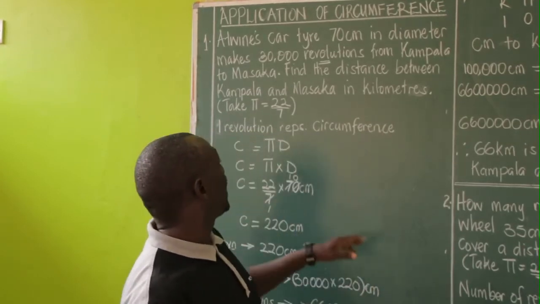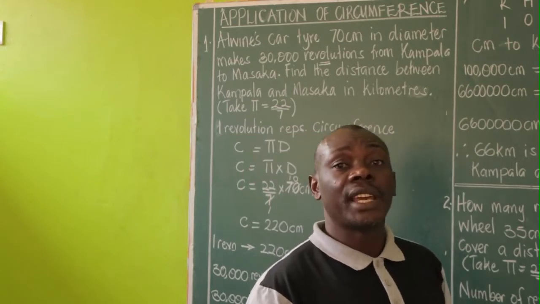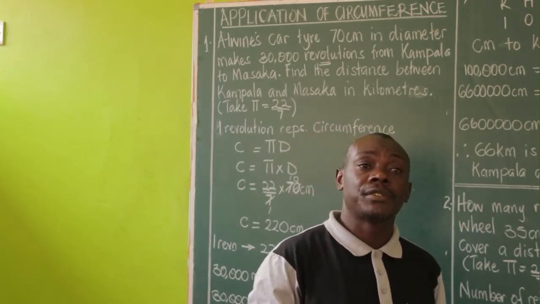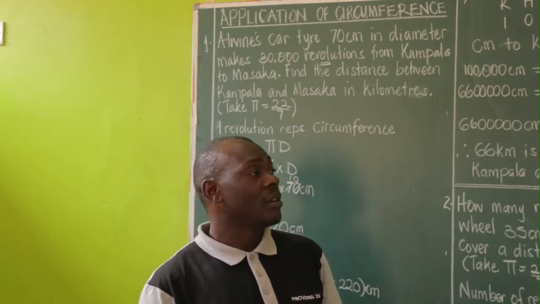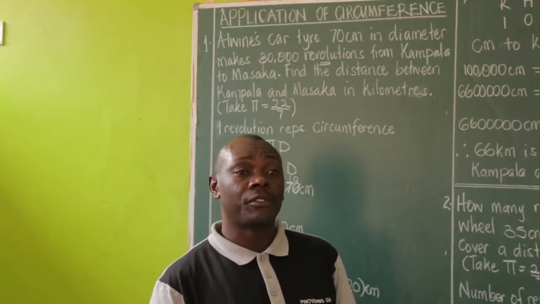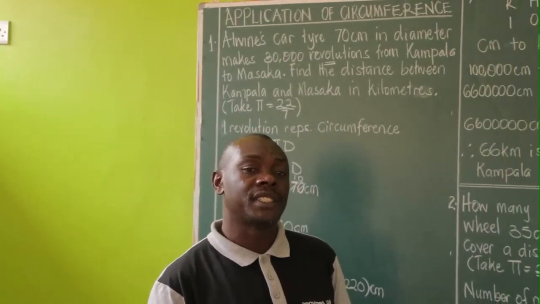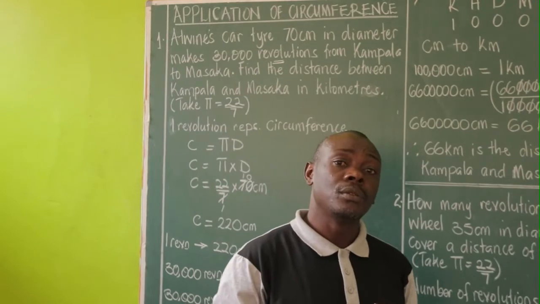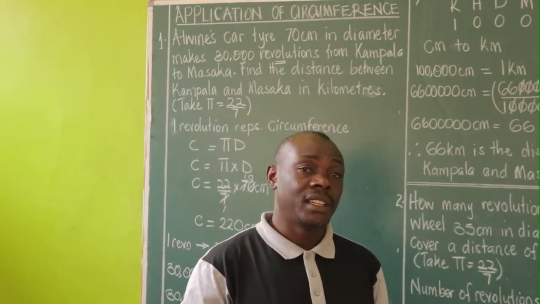So the car tire being circular, it rotates for one to move from one place to another. In so doing, one will be applying circumference in one's life. So had it not been circumference, one wouldn't be able to move within his car.